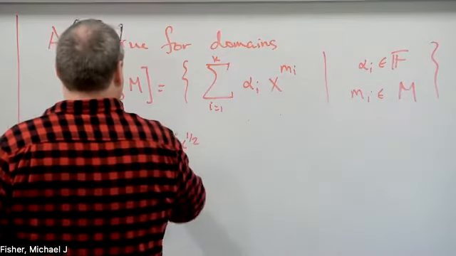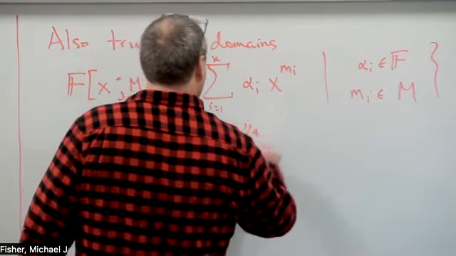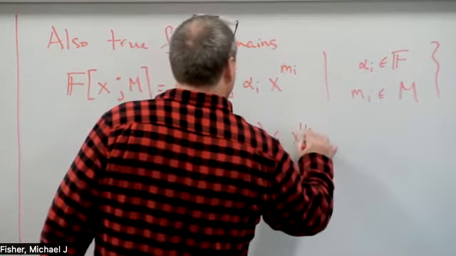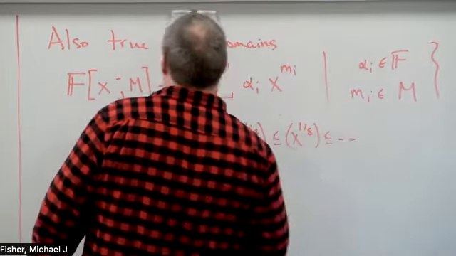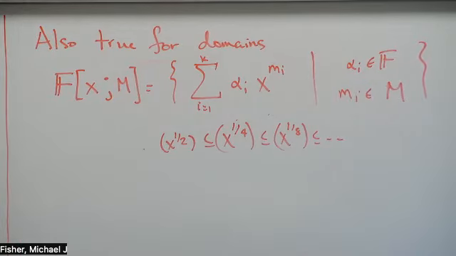Actually, I started at the wrong place: x^(1/2), x^(1/4), x^(1/8), etc. So you translate the factorization of the monoid into the factorization of the domain just by building a polynomial ring with the exponents coming out of that monoid. Often this works, and it's always pretty much a good approach. And it begs the following question.